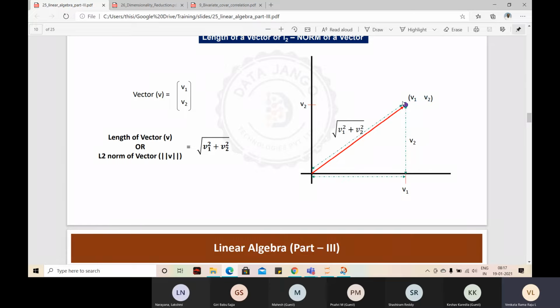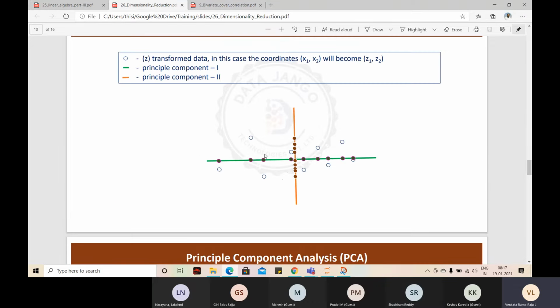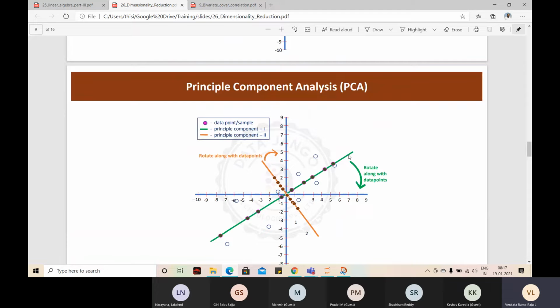When I say a data point is a vector, you will actually draw a line like that. So here there is some dot with x1, x2, and I am saying it's a vector, so I am drawing a line through origin. That is principal component 1.